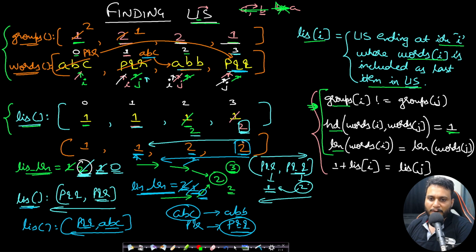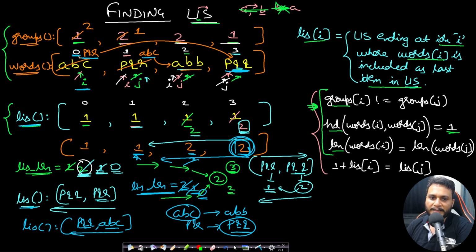So if you had somehow remembered, like let's say this value is 2, but if you had also remembered in a pair who is your second last item, while building the entire LIS array, if PQQ gets updated by an ith index, that means it will be appended only after PQR.